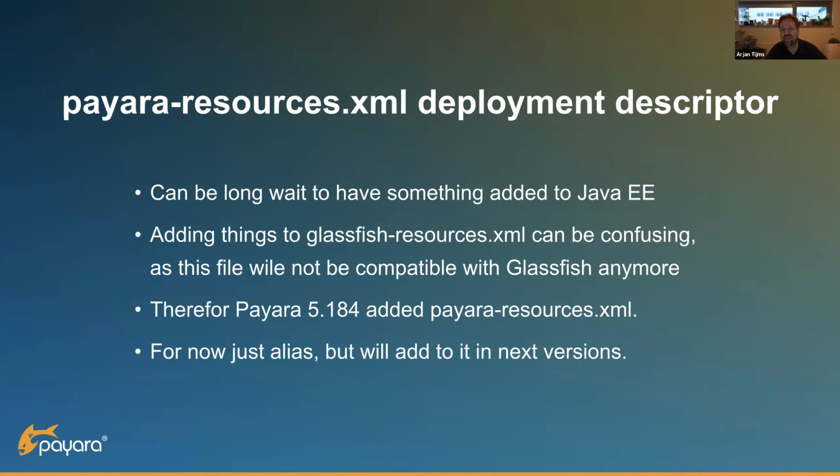In some cases, you do, and it's basically up to the application, to the development team to decide which one works for them. And they don't have an option right now. You have to add them via the admin console or the CLI. So this is something we're going to look into, and glassfish-resources.xml is the first step toward that, to change that into payara-resources.xml. And then we can add the additional things to that.